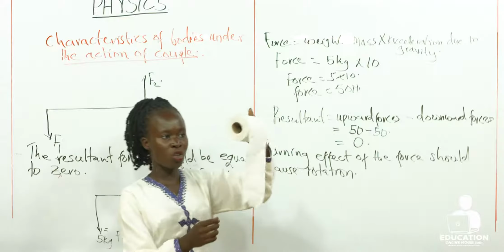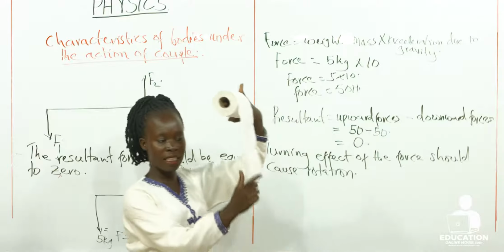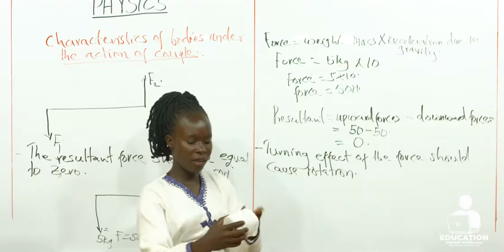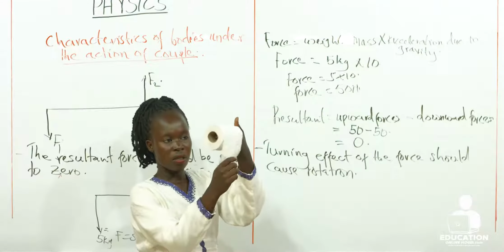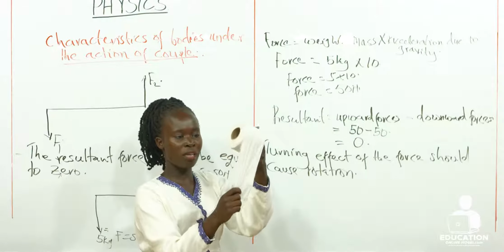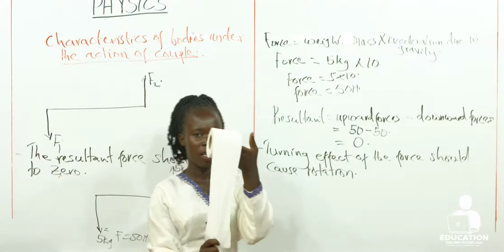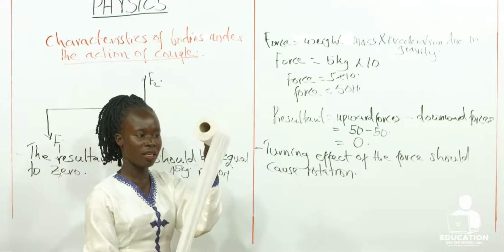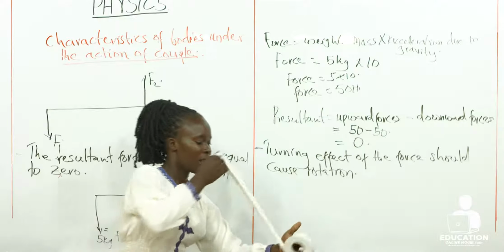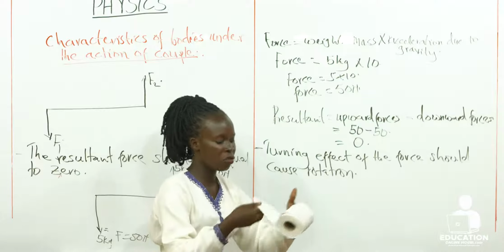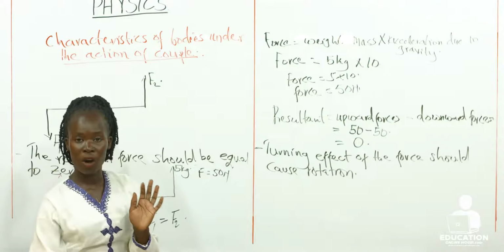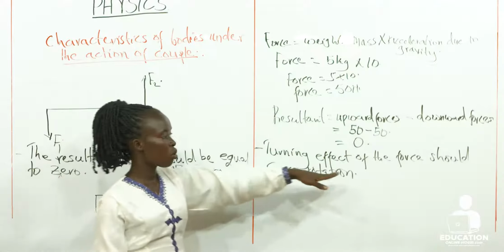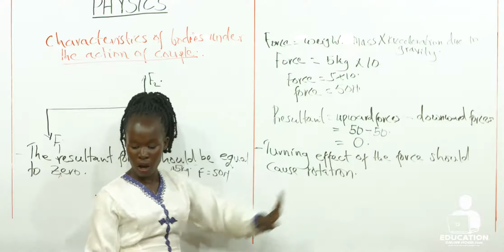This is our tissue paper, and this is the force I'm applying at this end here. You see that when I try pulling it, what happens? It keeps on rotating. Have you seen that? So that means that all the forces you are going to apply on the object should cause rotation on the object.